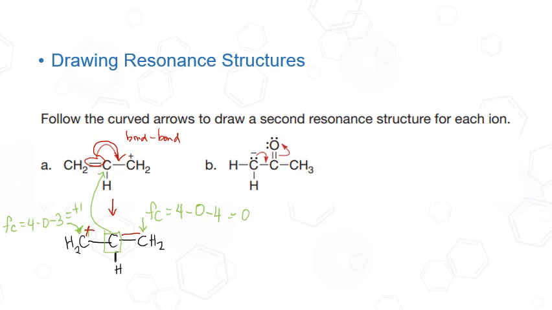Okay. For example B again, right? Let's start with drawing the single bonds. That's a carbon, carbon, and oxygen. A hydrogen here, and another hydrogen here.